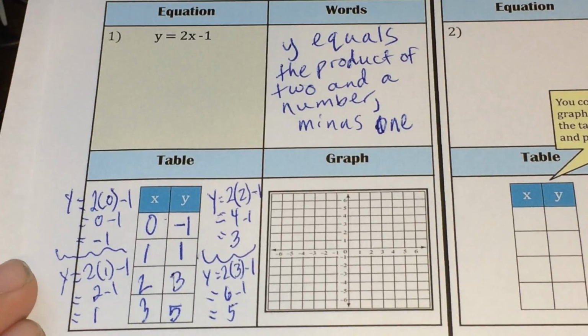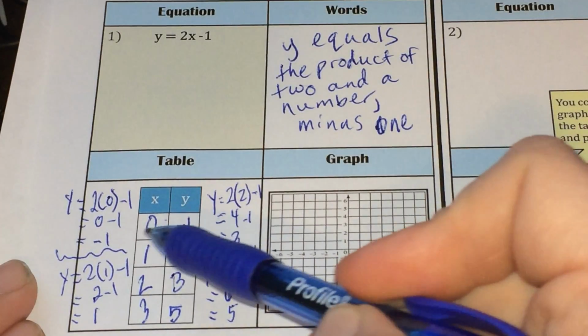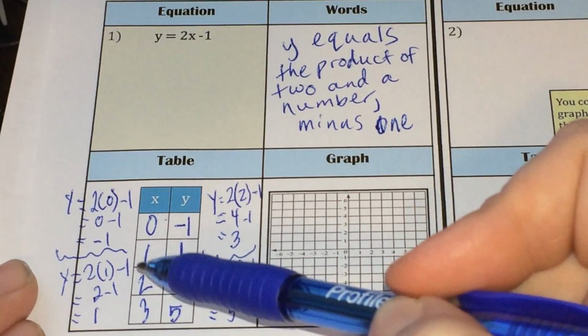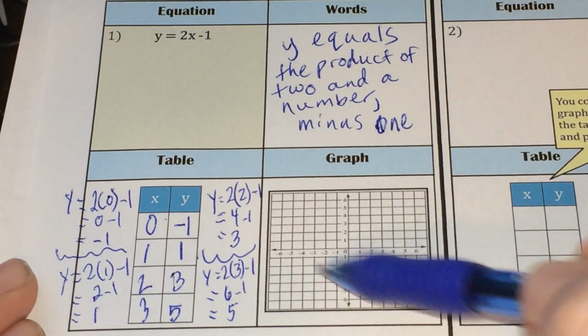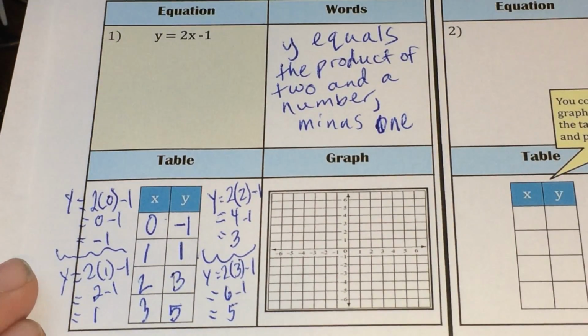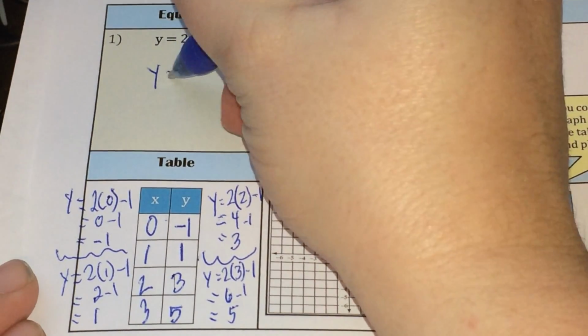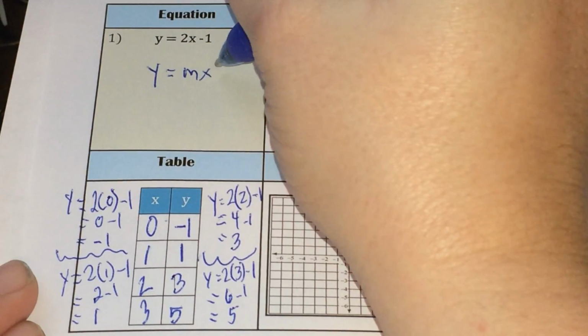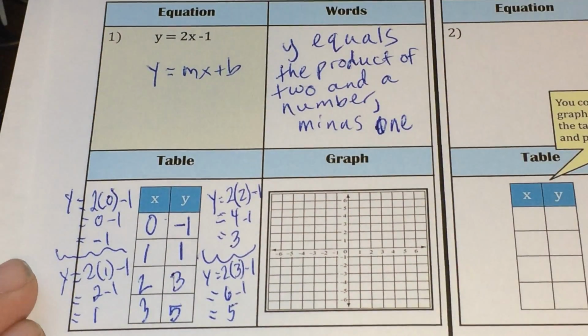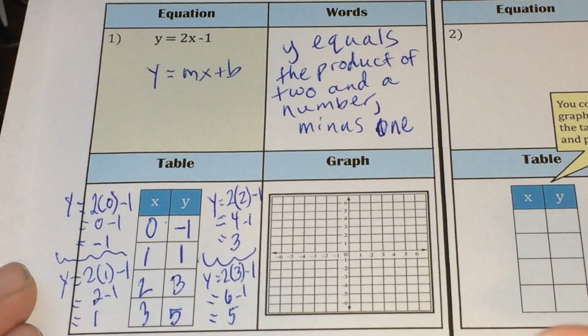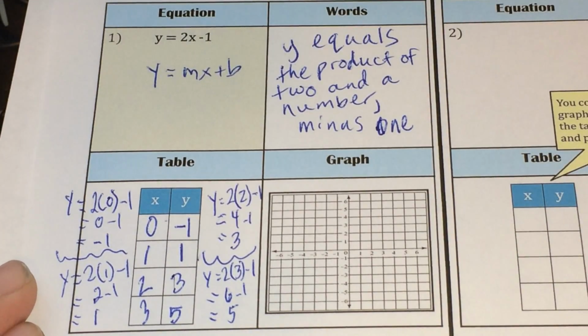Now, to create this graph, we could take these ordered pairs, (0, negative 1), (1, 1), (2, 3), (3, 5), and we could go ahead and plot the points on the graph. But because we practiced just today y equals mx plus b, let's use that slope-intercept formula to graph our line.